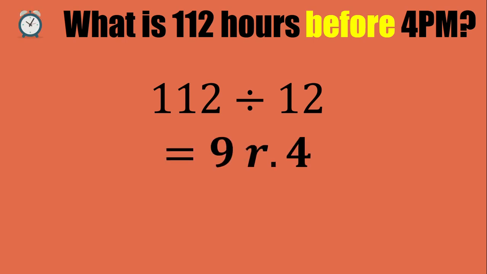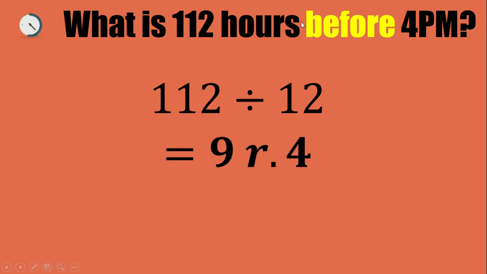The answer here is 9 remainder 4. Given that we have 9 as our quotient, and 9 is an odd number, we're going to change our reference time. Given that we have 4 p.m., we're going to shift it into 4 a.m.